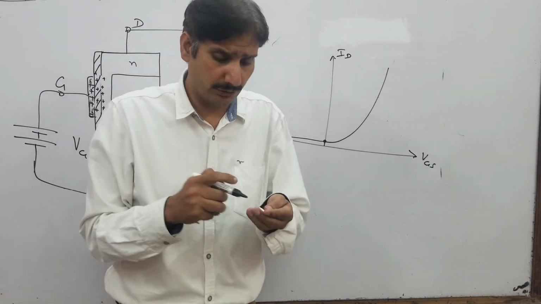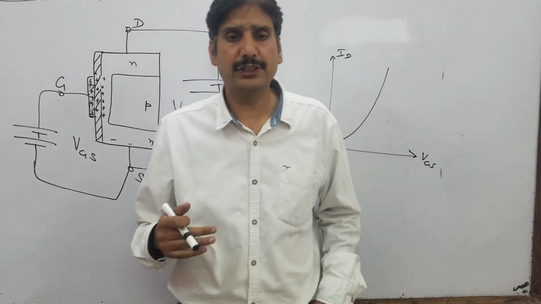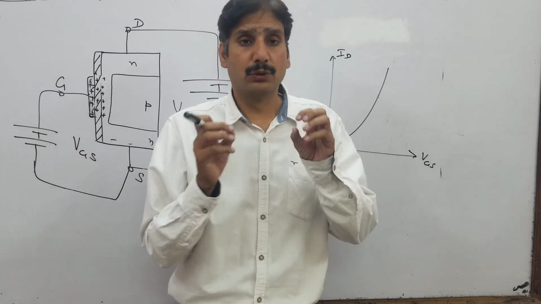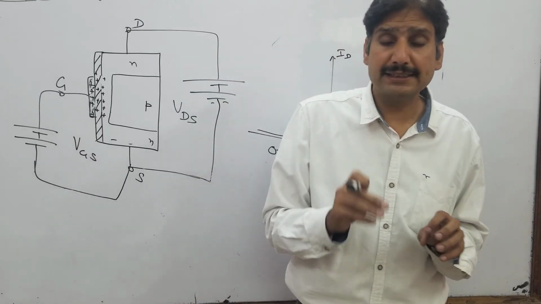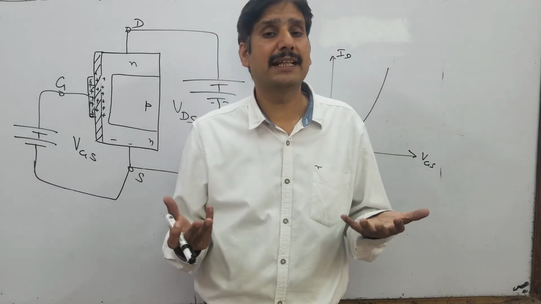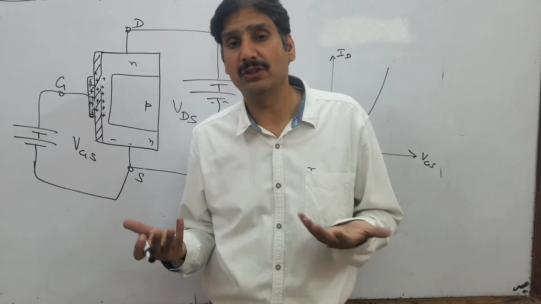So if you want to use MOSFET as a switch, you can have an array of MOSFETs, and those MOSFETs whose gate is given sufficient positive voltage will start conducting. That means they will become on switches, otherwise they will remain off switches.